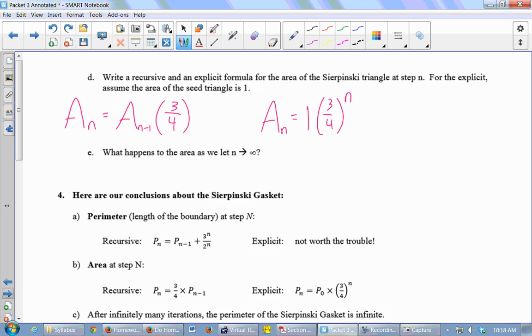So as n goes to infinity, the area goes towards 0. Another way of writing that would be to say the area at infinity, if you could do infinite iterations, which you can't, but you can sort of think about in your brain, you would have nothing left.